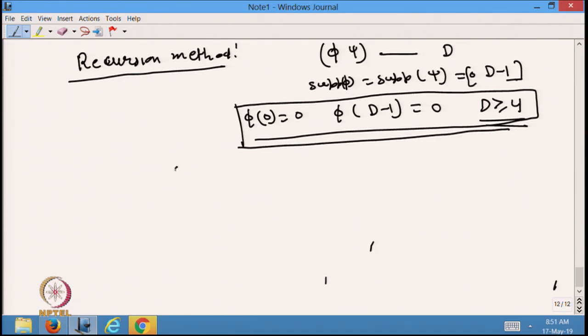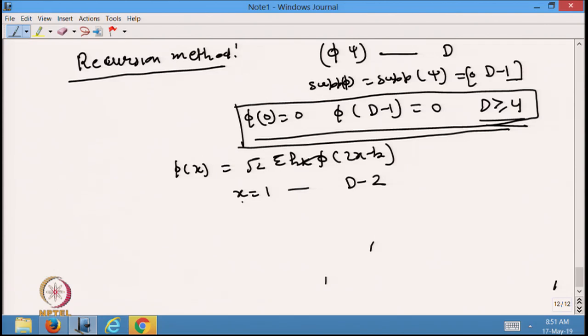So what we are doing, we know this thing. We will put x from 1 to D minus 2, and we will put these values of x in the following relation.